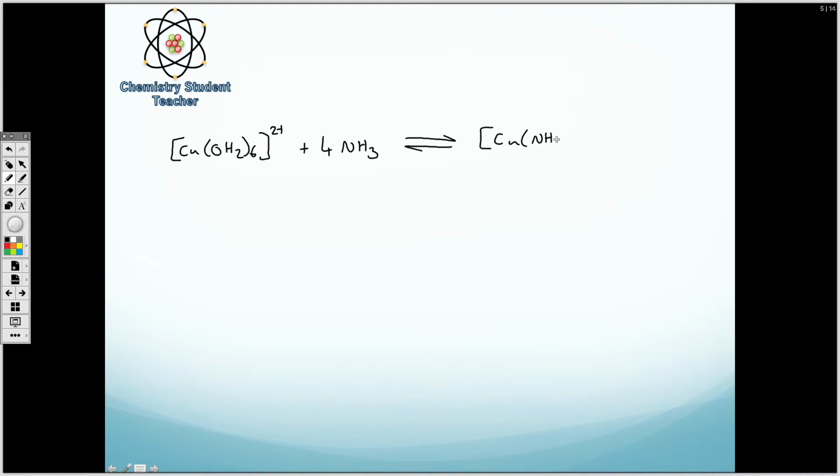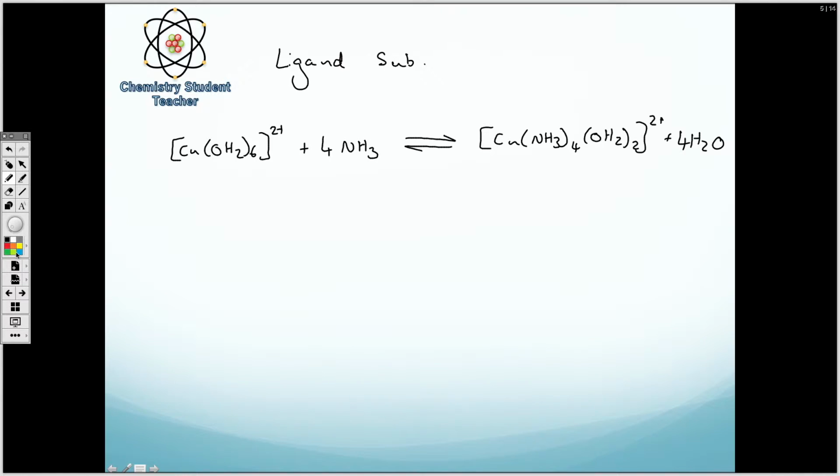It may be 99.9% on one side, but these complexes are always in equilibrium. 4 H2O is given off. So you have this reaction, ligand substitution reaction. That's something you should remember. Ligand substitution, that's the name of it.